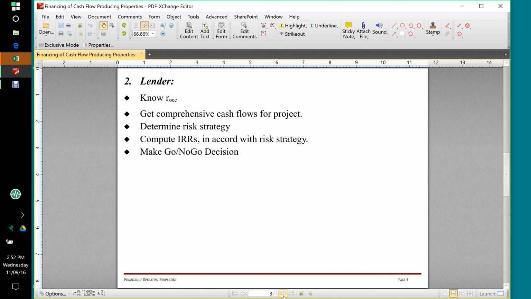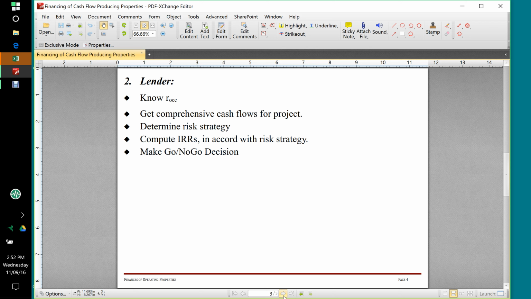Just as for equity or operator, the lender always needs to know their opportunity cost of capital. And for the lender, we want to get her comprehensive cash flows for this project. She also is going to need to have a risk strategy. How risky is this borrower? If this is a long-term loan, what could happen with interest rates globally, et cetera, et cetera.